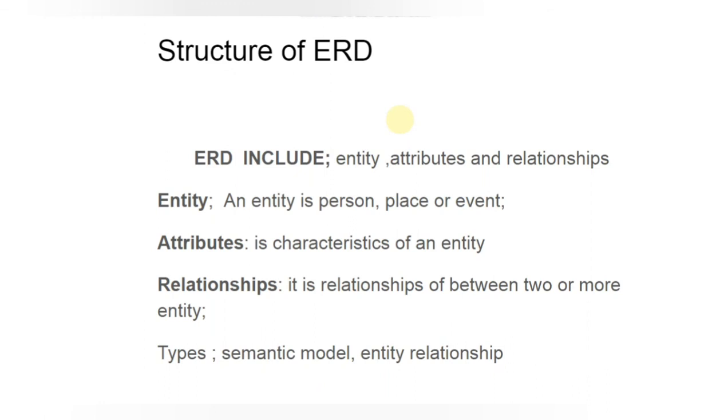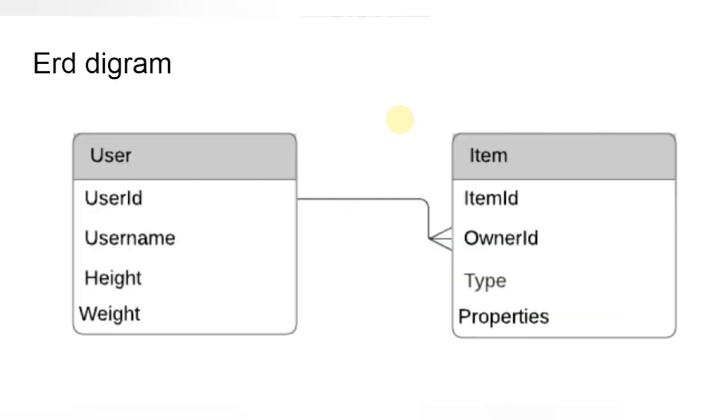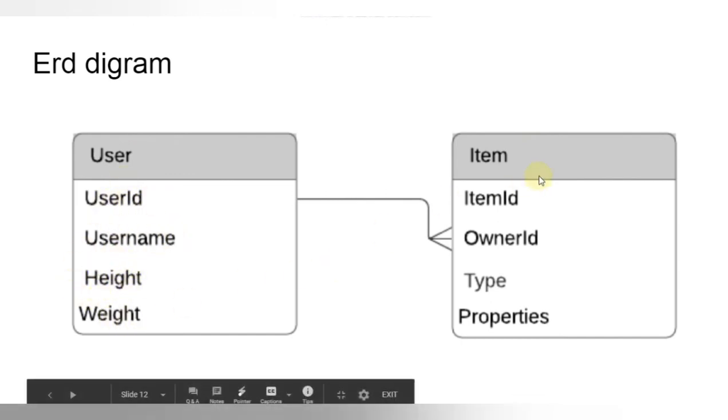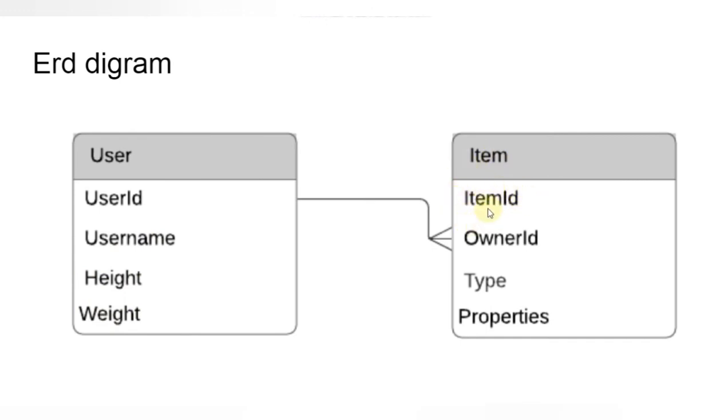ER diagram. It is a simple ER diagram in which we have a user entity and an item entity. The user has its own attributes: user ID, username, height, and weight, and the item has its own attributes such as item ID, owner ID, type, and properties. These two entities have a relationship, which can be specified with the help of these arrows.